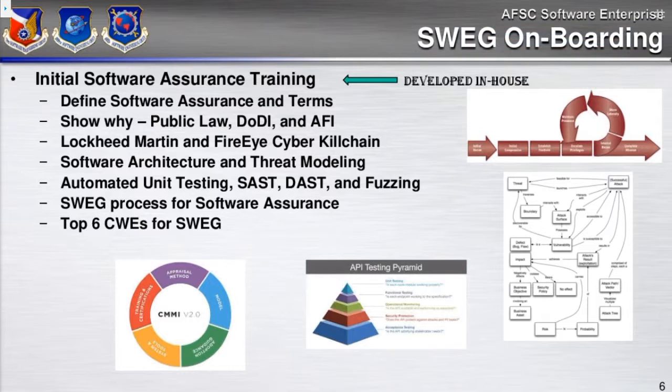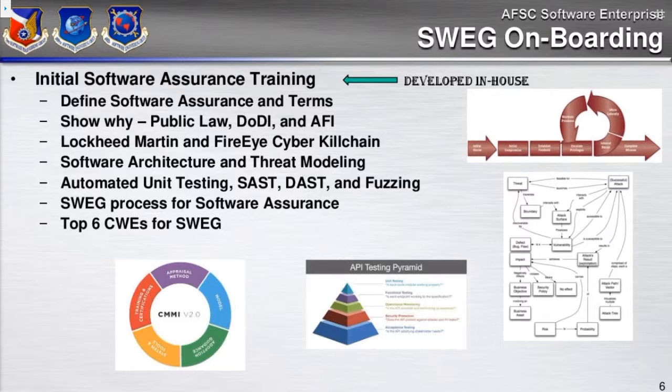We know that the folks that came in probably didn't have any exposure to software assurance, other than maybe running some of those built-in tools inside of the development environment through college, or it might have been a key topic on your CEH exam, your Certified Ethical Hacker, or possibly referenced in your Security Plus or whatever type of entry-level certification you got. Because we know those don't exist, we had to make it ourselves. It just wasn't out there, so we developed it in-house.